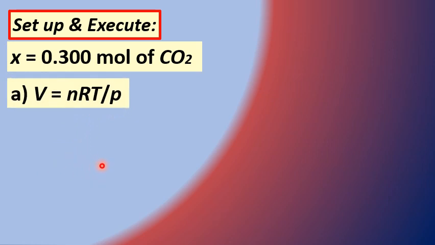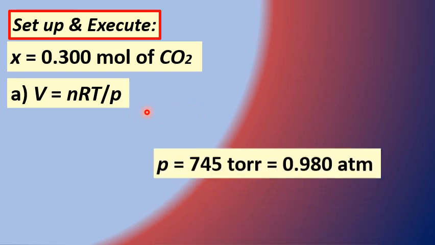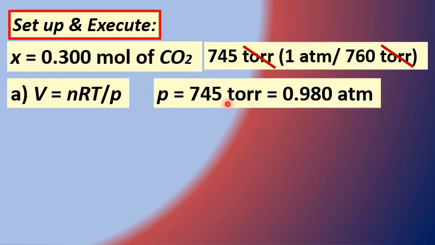And since we're asked to find the volume of the carbon dioxide gas in liters at a pressure equal to 745 millimeters mercury, which is the same as 745 torr, which when converted to atmosphere, we have here the conversion factor.